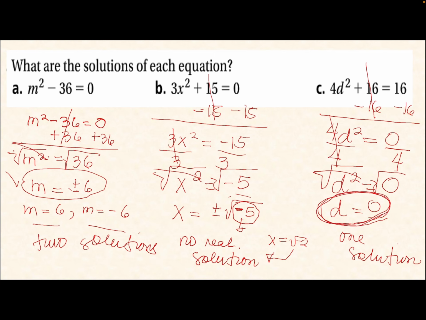There's no other solution of the given quadratic equation than 0. So this quadratic equation has only one solution, and the solution is only 0. The value of d is 0. Can you follow? So, can you see now the difference when a given quadratic equation has one solution, two solutions, and no real solutions?